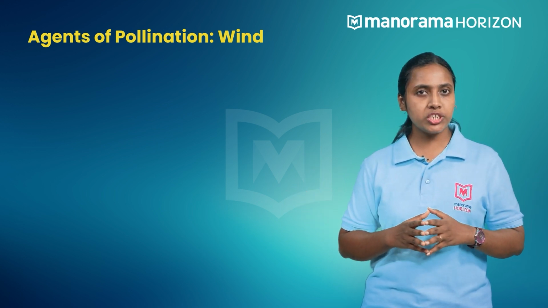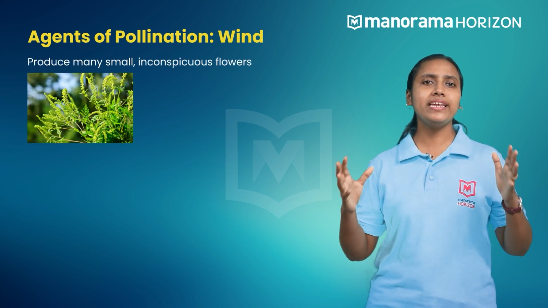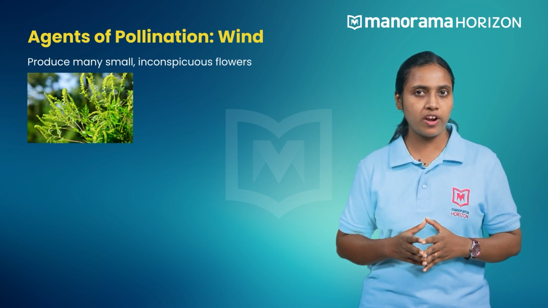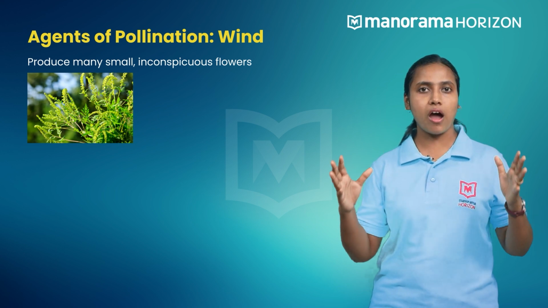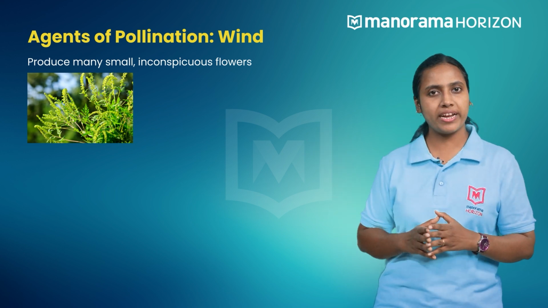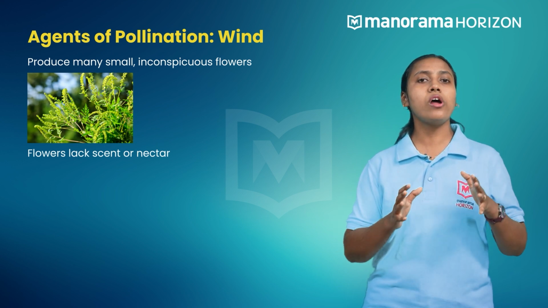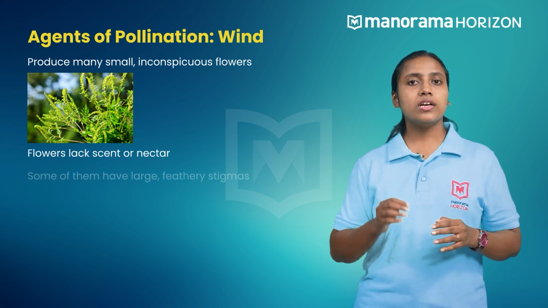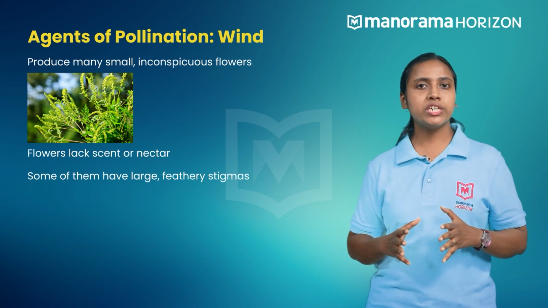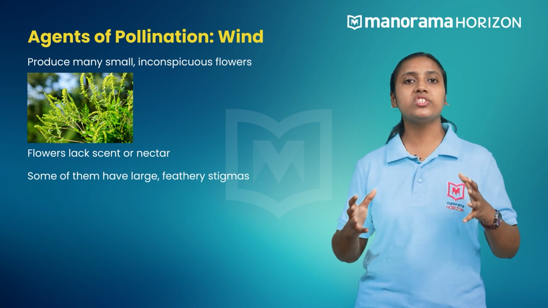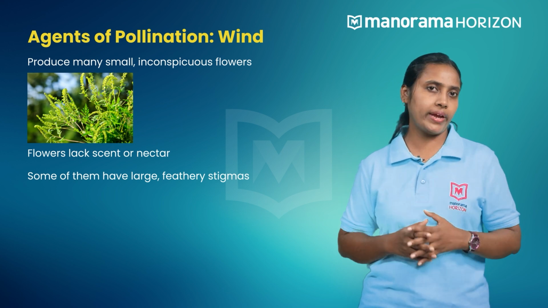A few of the adaptations are: they produce many small inconspicuous flowers rather than large and colorful petals. Their flowers lack scent or nectar. Some of them have large feathery stigmas that trap wind-borne pollen grains.